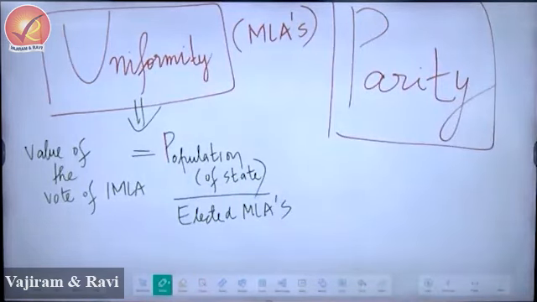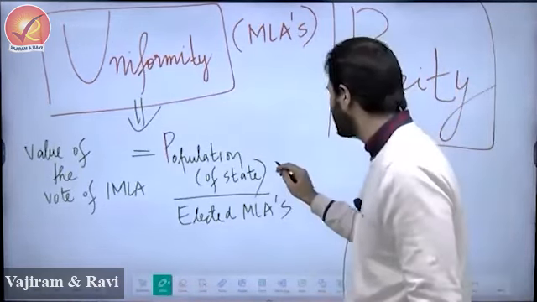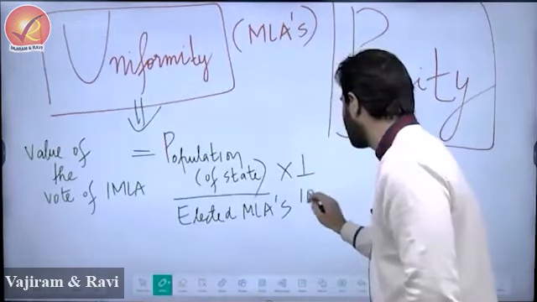Now this is a perfect formula, but if I open this formula from the lens of actual mathematics, you would find something very interesting here. I'll just multiply it to complete the formula by 1 by 1000. Just have a thought why. I'll tell you, don't worry, just do it. It is 1 by 1000.